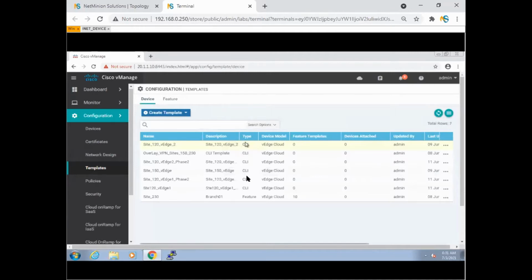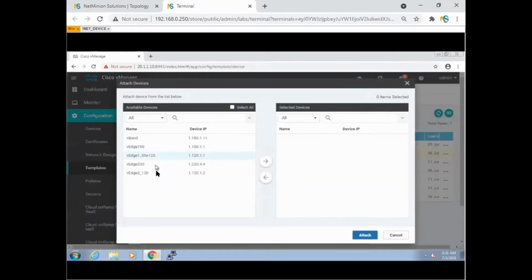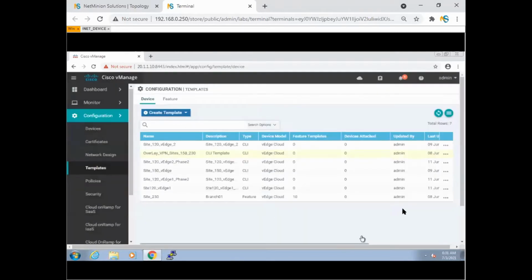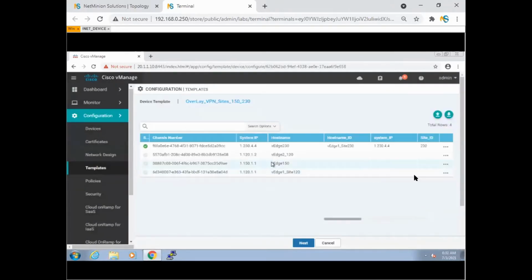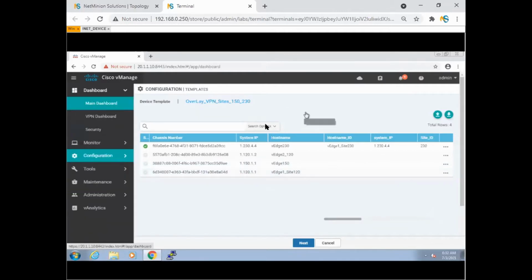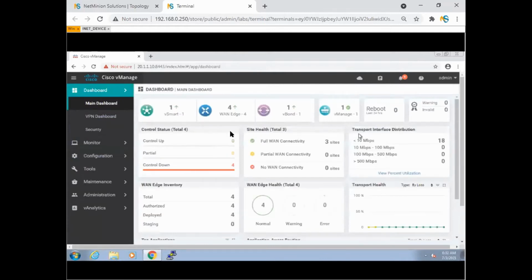We will be talking about all this stuff, but later on. Then we just need to attach the device, and maybe you can attach all of these devices, then say attach, and click, and it will push the configuration. But I don't want to go into that. So this is your SD-WAN controller named vManage.